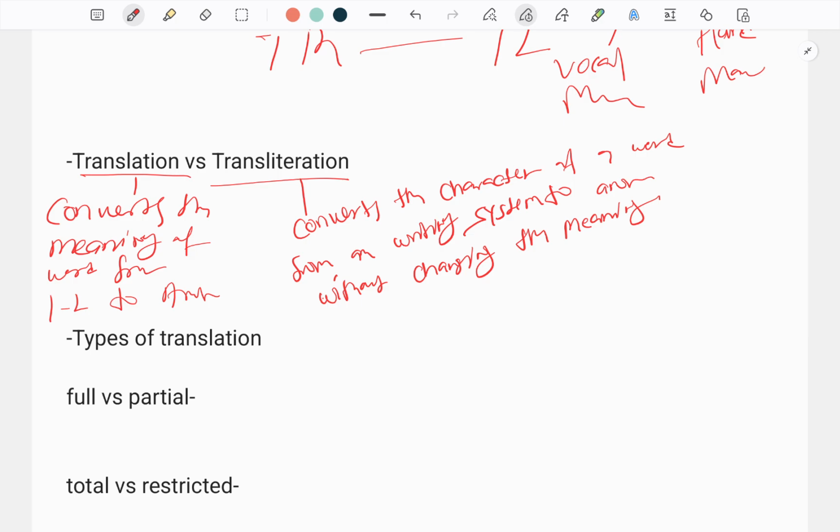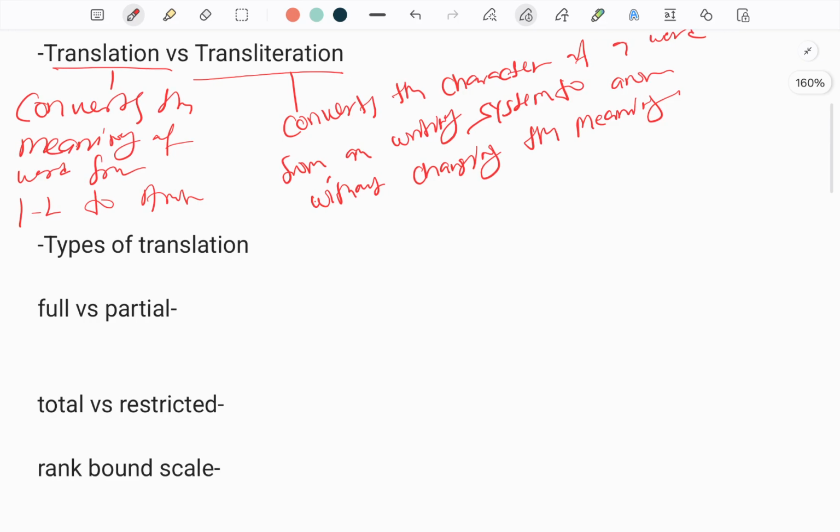Next we talk about the types of translation. Here we have first full versus partial translation. In translation study, we have a total of three types of translation. The first is full versus partial, the second is total versus restricted, and the third is the rank bound scale.